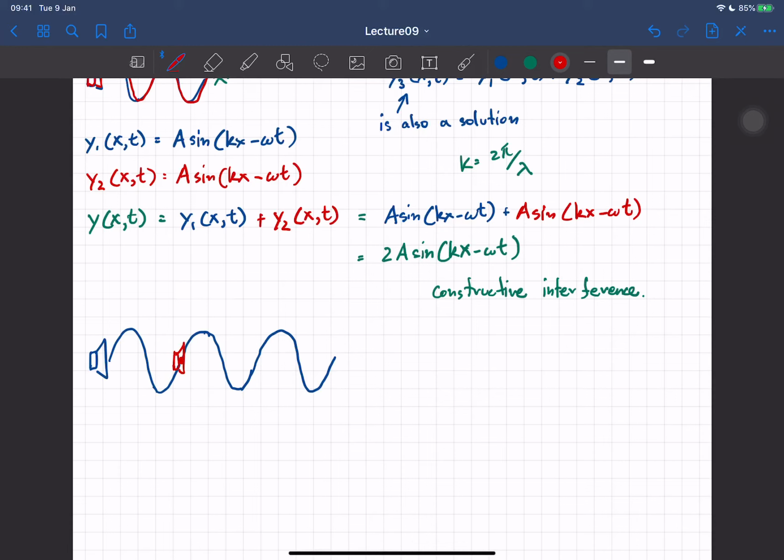Okay, so I move the red one a little bit to the right, and I move it such that the distance I move is exactly one wavelength. So the wave coming out from the red one still goes up and down exactly at the same time as the blue one.